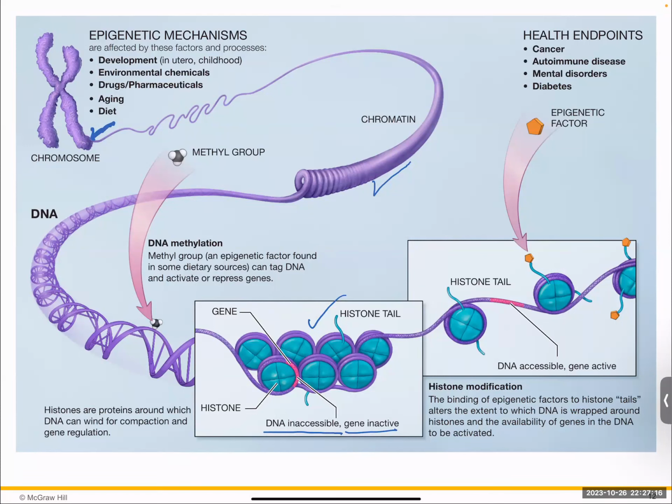Now, if you have any type of epigenetic component, that epigenetic factor can come in and interact with the histone and make that section, which was inaccessible before, accessible, which means now that gene can be used to make protein. Therefore, it is an active form of the gene.